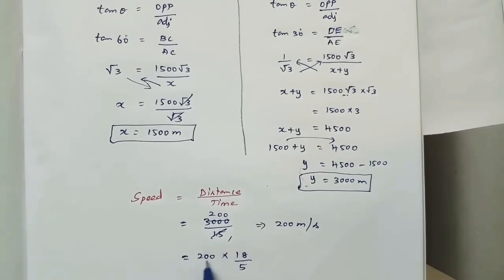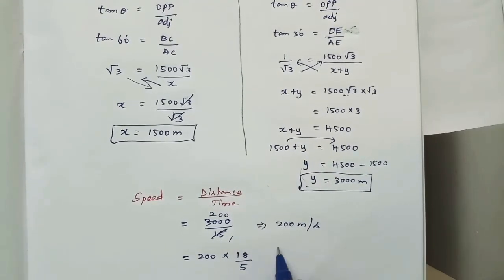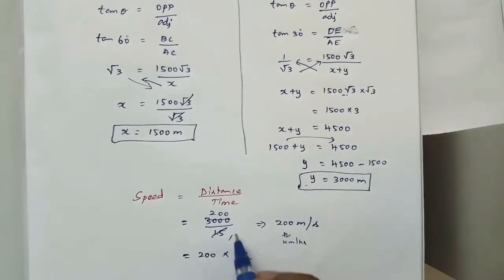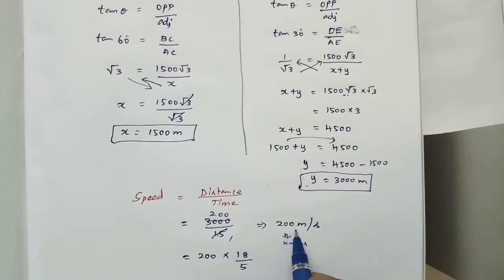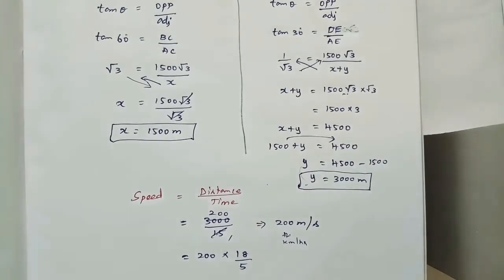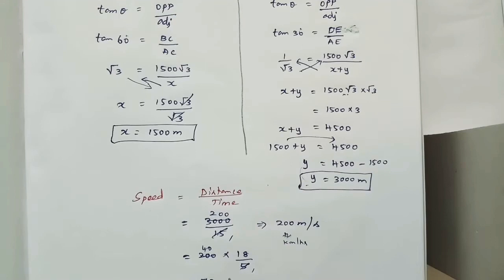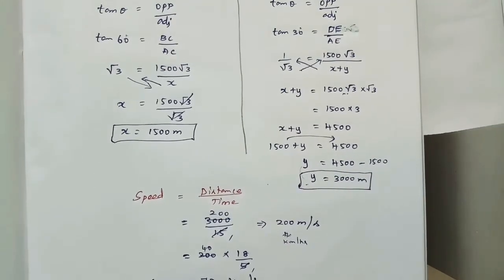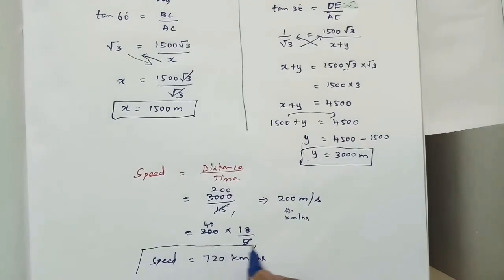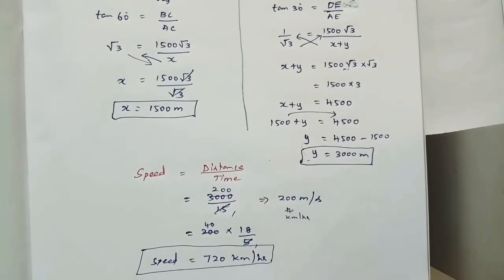If it is in kilometer per hour and we want to convert to meter per second, then we multiply by 5 by 18. Simplifying, 40 times 18 is equal to 720 kilometer per hour. Therefore, the speed of the jet plane is 720 kilometer per hour.